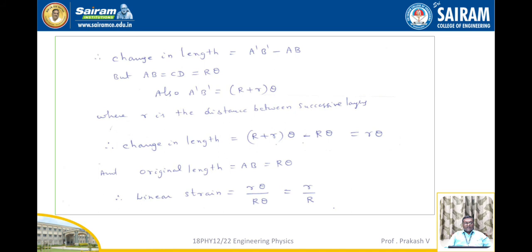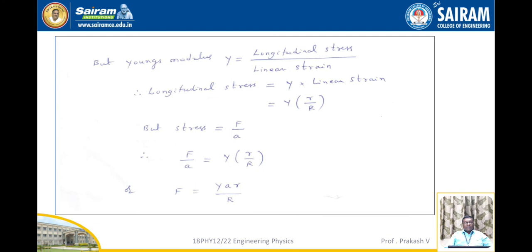Therefore, linear strain is equal to change in length divided by original length, that is small r into theta divided by capital R into theta. Theta cancels, so it will be equal to small r by capital R. Next, Young's modulus is given by capital Y, which is equal to longitudinal stress by linear strain.